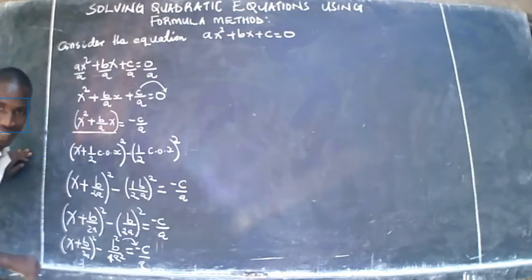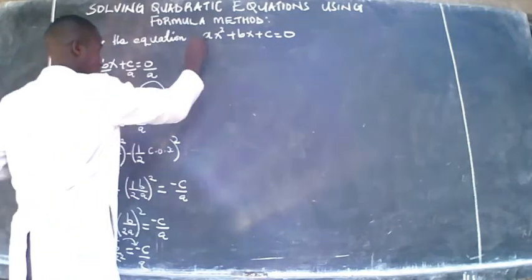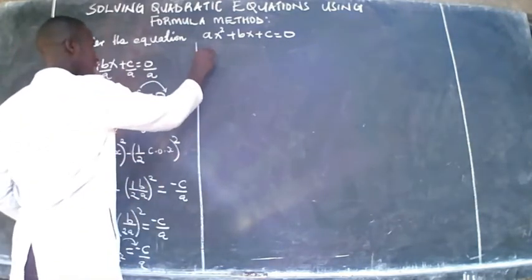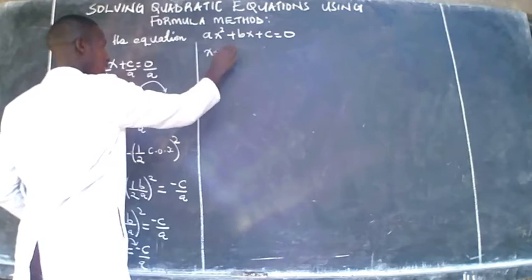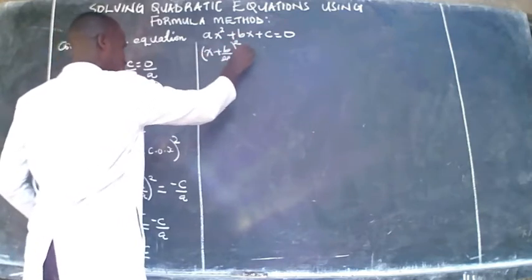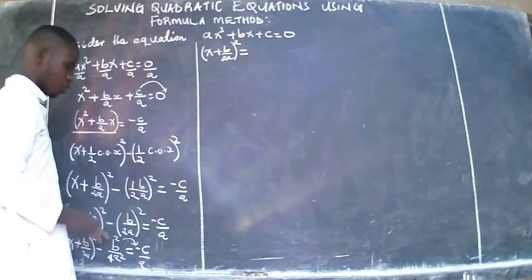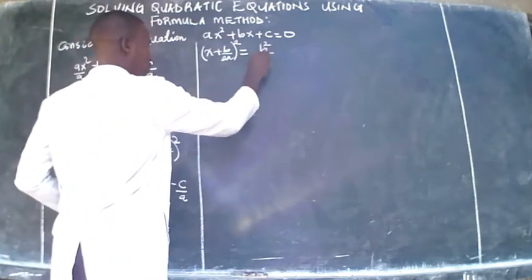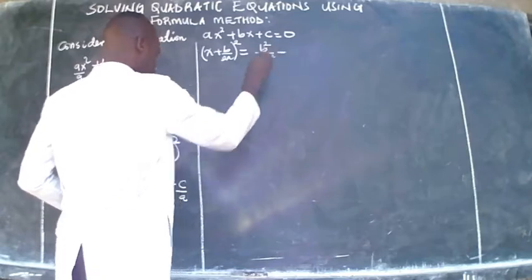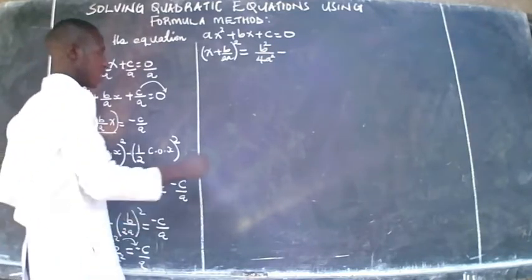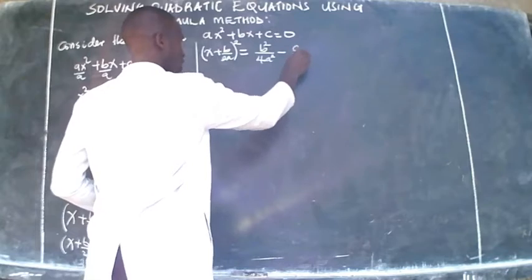Is that fine? Good. This side we shall remain with x plus b over 2a, squared, equals b squared over 4a squared, and please don't forget that there is negative c over a on that side, so it's minus c over a.